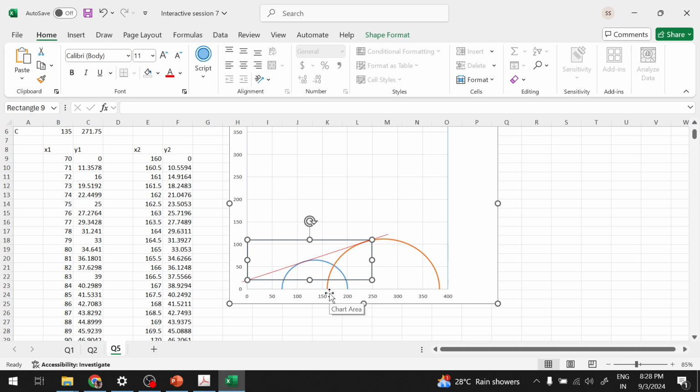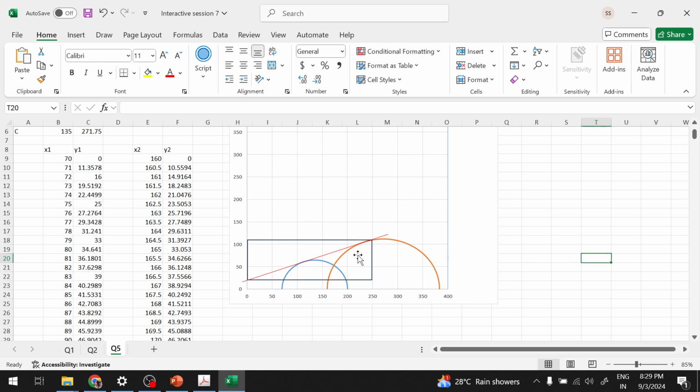So what will be tan theta? It will be 110 minus 20, which is 90, over 250, 0.36. Tan inverse of 0.36 is about 19.9, almost 20.